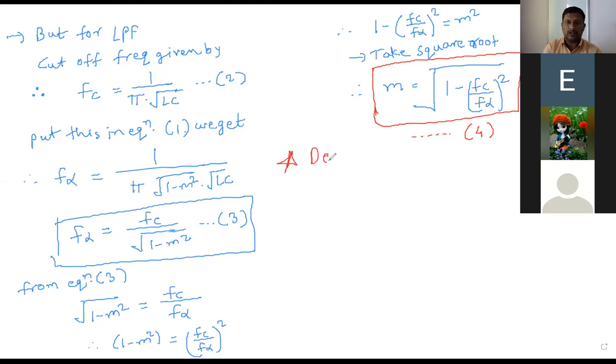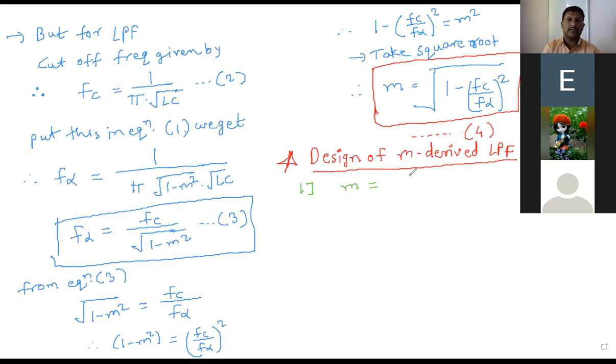So we are moving towards the next point, that is the design of m derived low pass filter. For that we require 3 important formulas. Can anyone tell the important formulas? First of all, that is m.